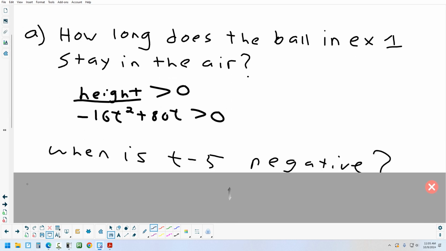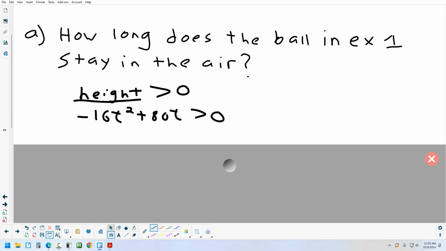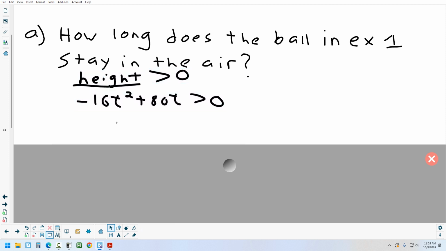So when is that above 0? All right, let's see if we can solve this one without the calculator this time. What does the first term and the second term both have in common? Yep, they both have a t in common. So I'm going to factor that out.